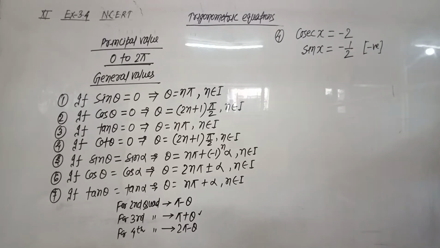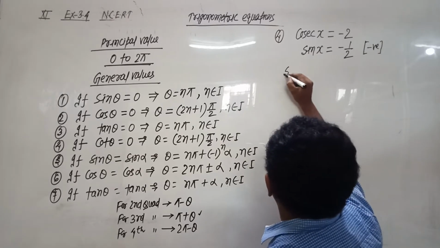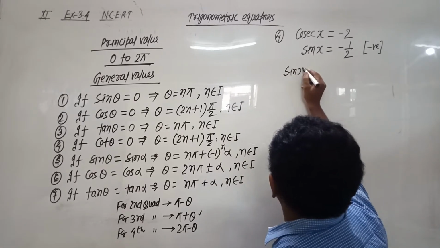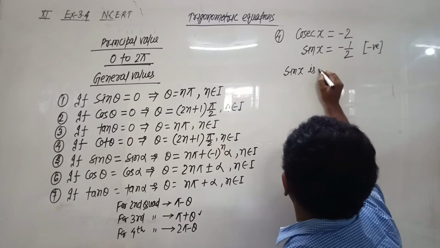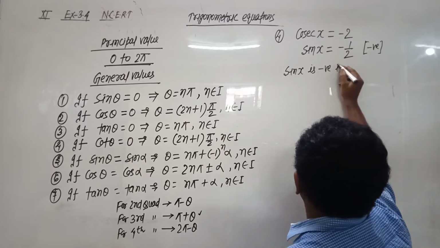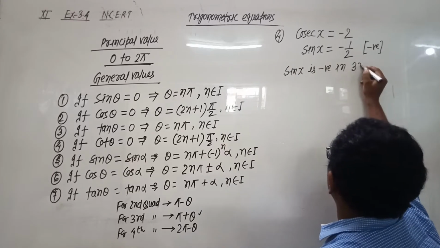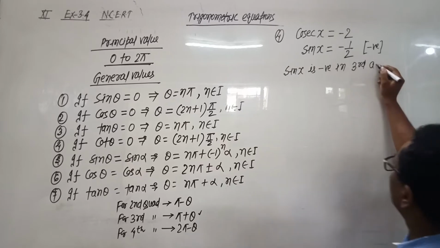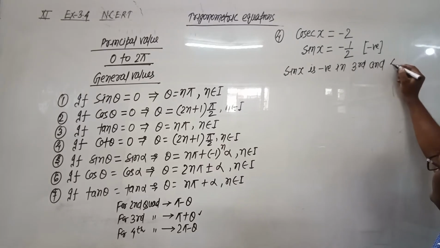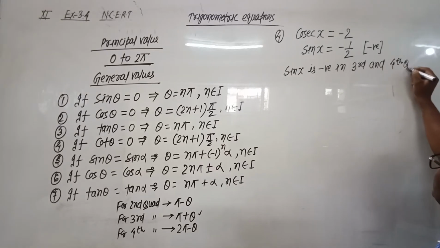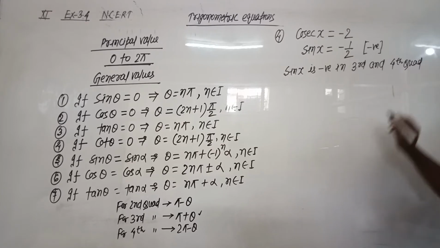Sin x is negative in the 3rd quadrant and the 4th quadrant.